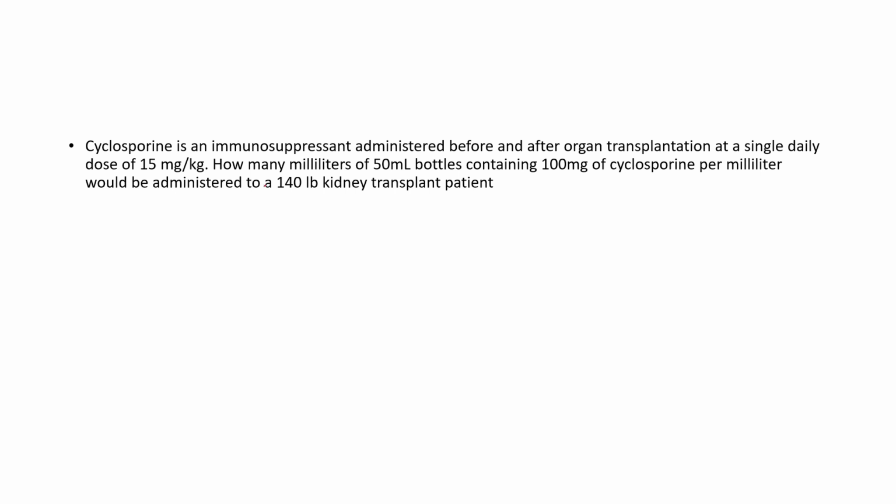Okay, let's start with the patient's weight. 140 pounds. The dosing is in milligrams per kilogram, so we need to convert it first into kilograms. So that would yield kilograms multiplied by the dosing, 15 milligrams per kilogram.